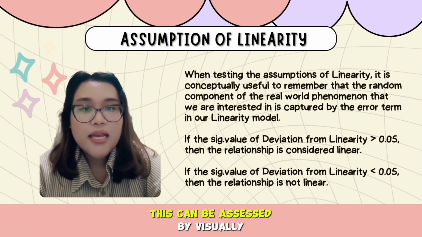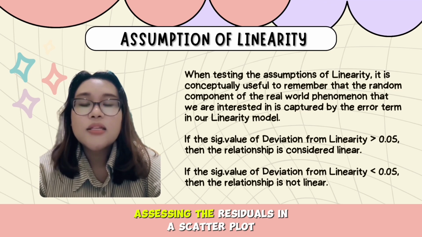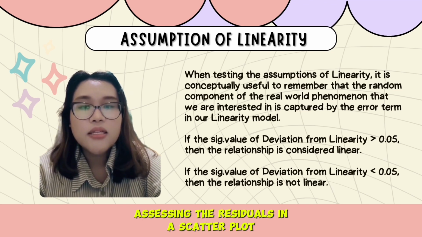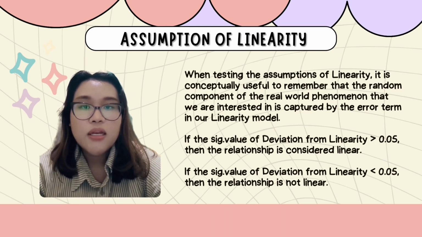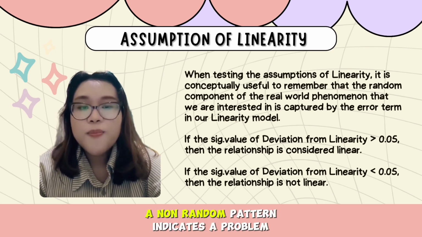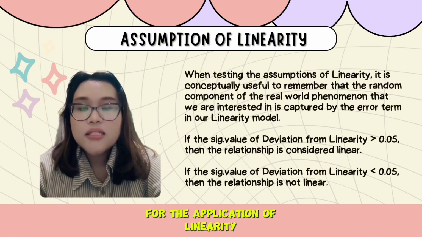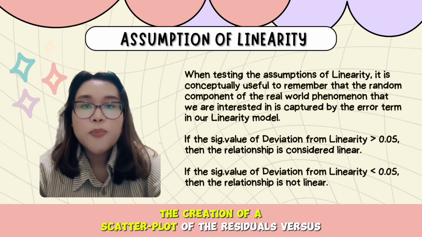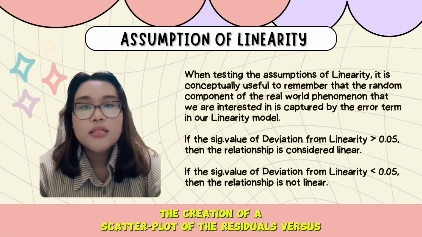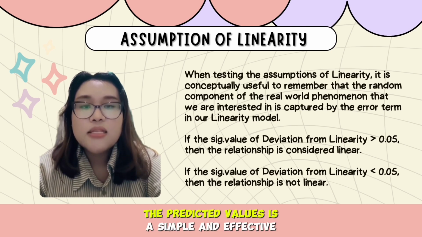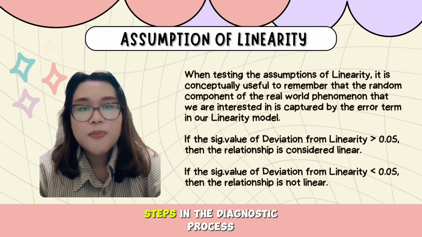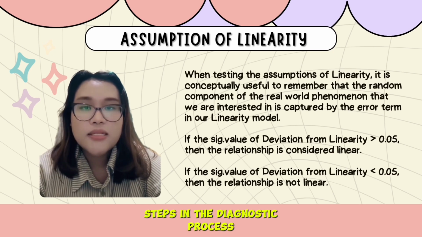This can be assessed by visually inspecting the residuals in a scatter plot against the predicted values. A non-random pattern indicates a problem. For the application of linearity, the creation of a scatter plot of the residuals versus the predicted values is a simple and effective step in the diagnostic process.